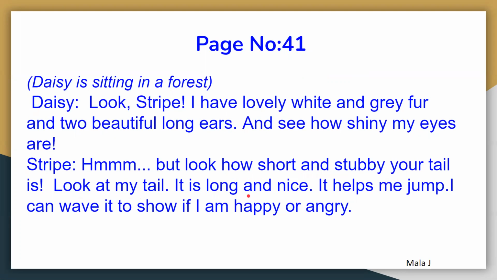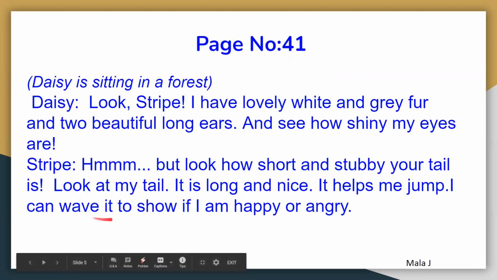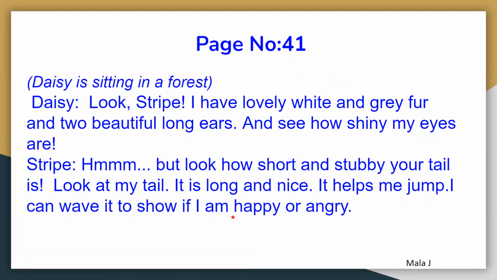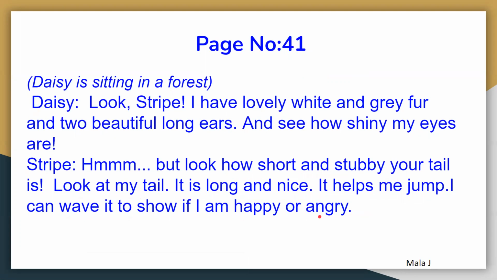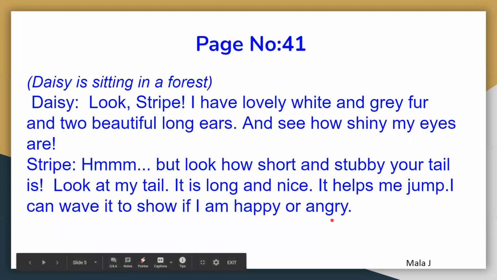And he also says that his tail helps him to jump, and that he can wave his tail to show whether he is happy or angry. So what two things does the tiger cub do with the help of his tail? Yes, one is he uses his tail to jump, and the other is he can show whether he is happy or angry.